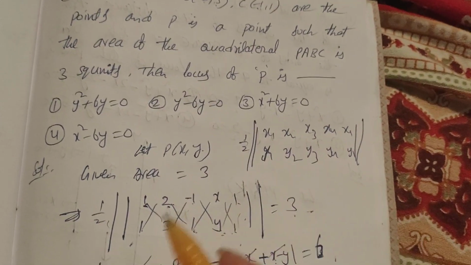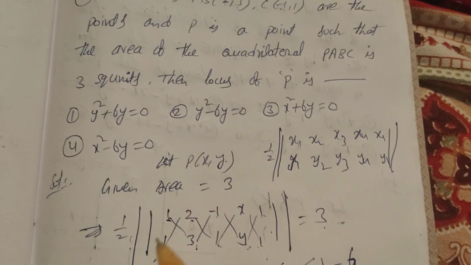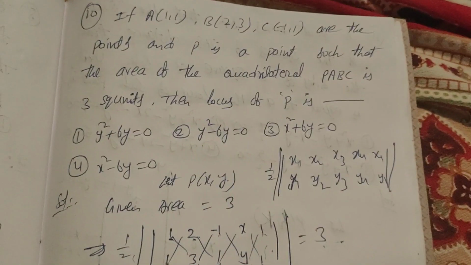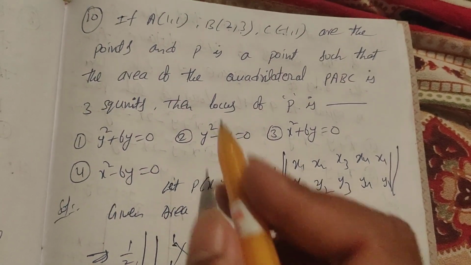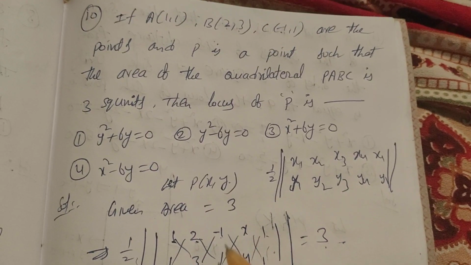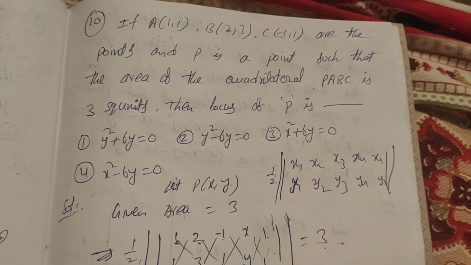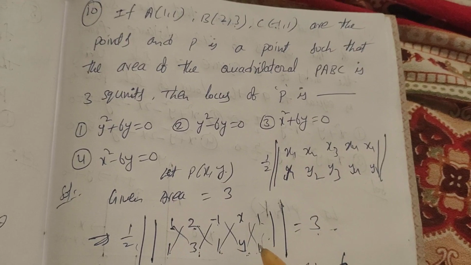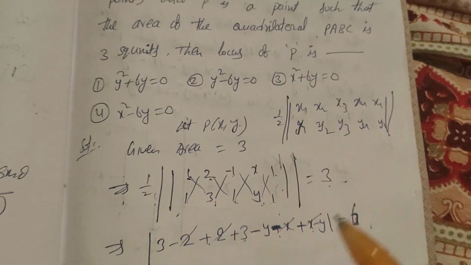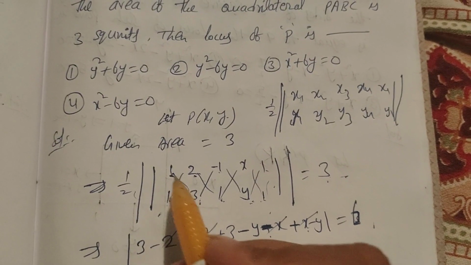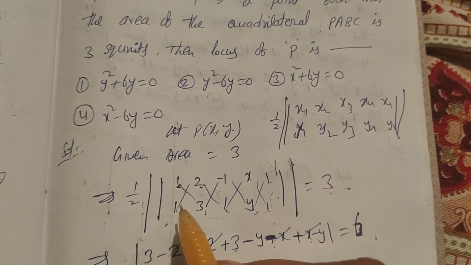Just substitute in the formula: half into the modulus of the determinant of A as 1 1, B 2 3, C minus 1 1, and P x y, again A coordinates 1 1, is equal to 3 square units. So you know how to expand by cross multiplication.